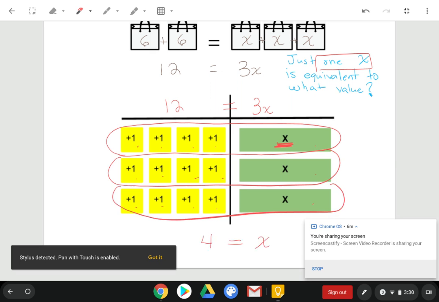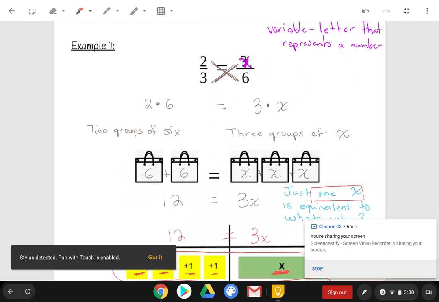And on the left-hand side, that's equal to 1, 2, 3, 4 positives. So each X is equal to 4 positives. That's our answer, X is equal to 4. Let's go back up right there where we have our purple X. I'm going to erase it, and I'm going to replace that with the value 4.